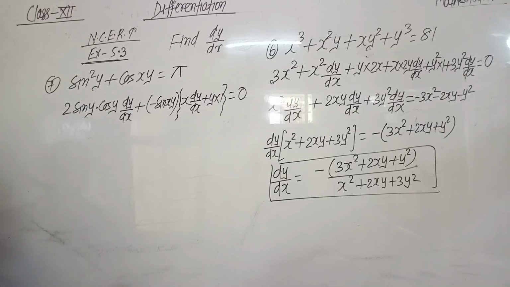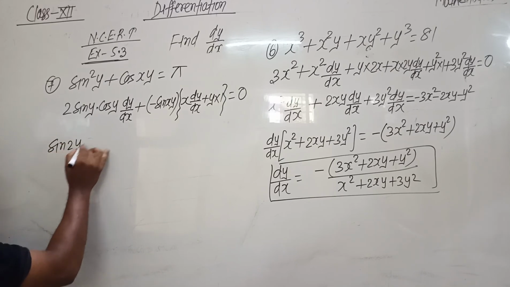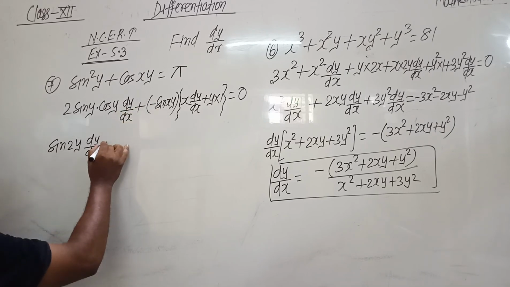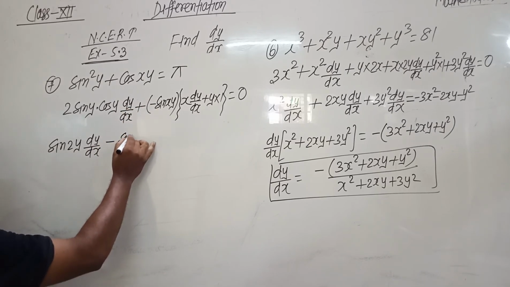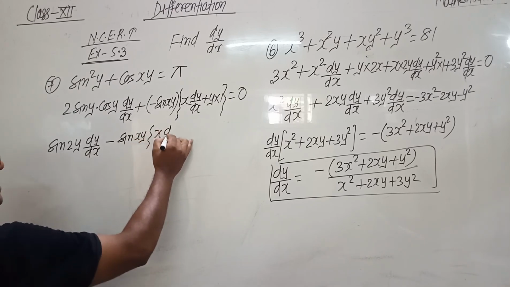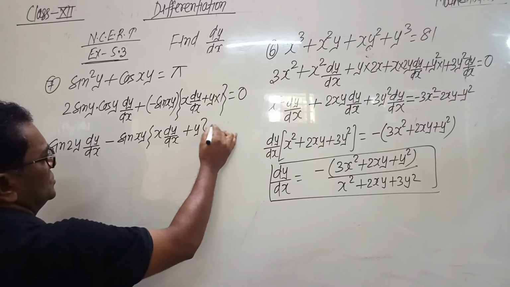So 2 sin y into cos y may be written as sin of 2y, times dy by dx, plus minus minus sin of xy, into x dy by dx plus y, equals to 0.